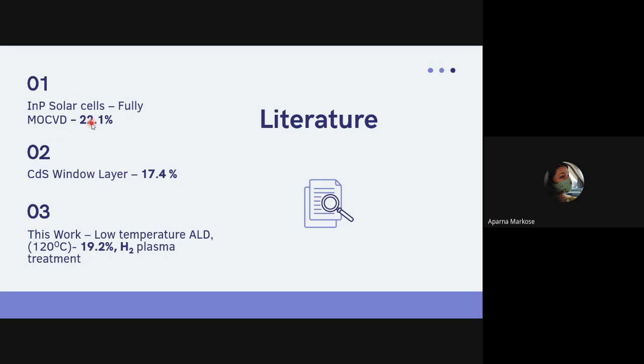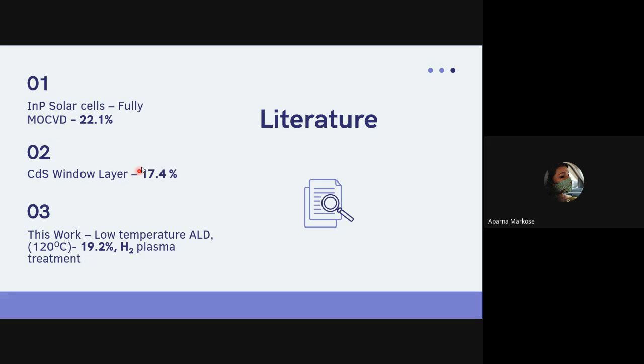The instrument itself has a huge capital cost. That one is 22.1 percent efficiency. Another solar cell came later, with a cadmium sulfide window layer, and that is 17.4 percent efficiency. So these are the two papers in literature.